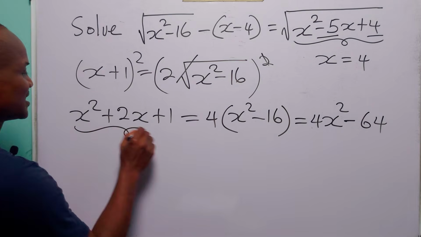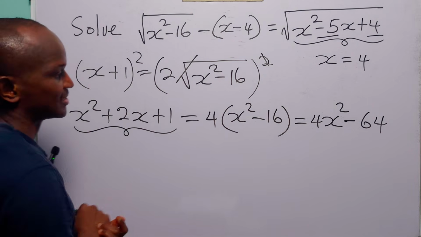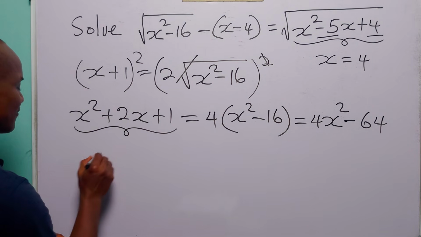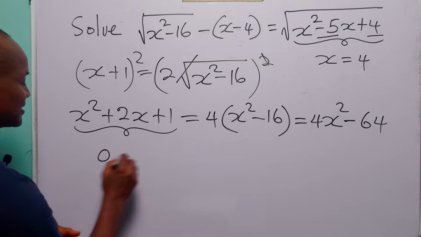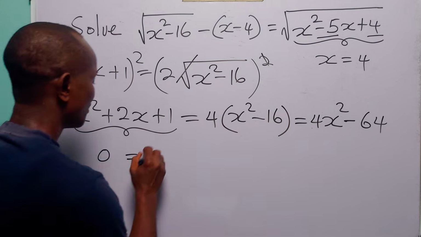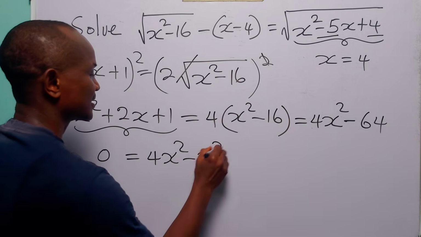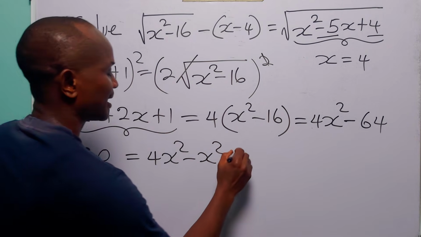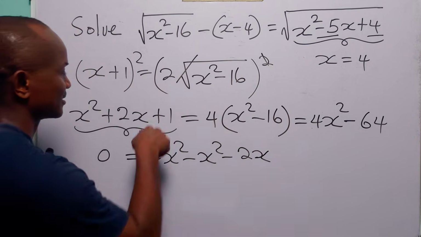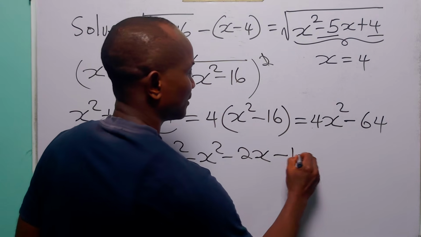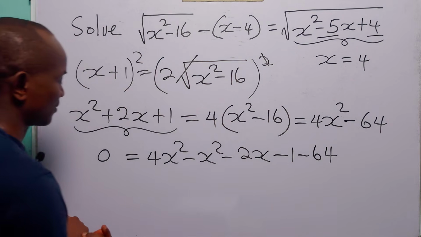Now, let us move these three terms over to the right hand side. Of course, when we do that, we have 0 on the left hand side, and this is equal to 4x squared minus x squared minus 2x minus 1 minus 64.